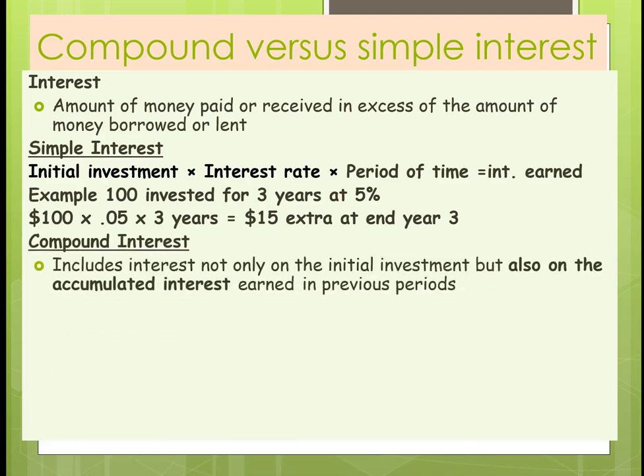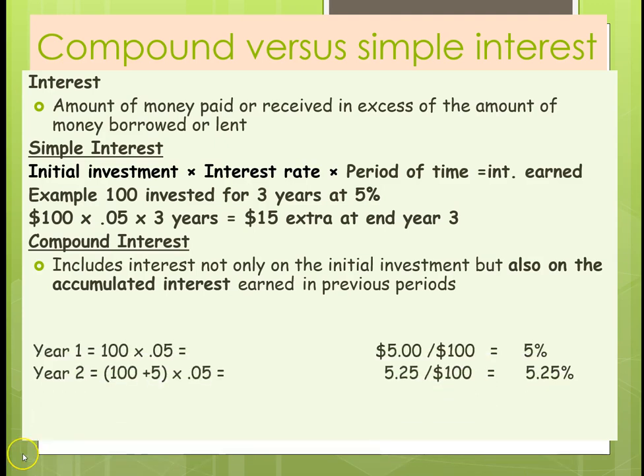Compound interest includes interest not only on the initial investment but also on the accumulated interest earned in previous periods. So for our same example, year 1 we'd earn $5. Year 2 we would earn more because now we would have that additional $5, so we'd get $5.25.